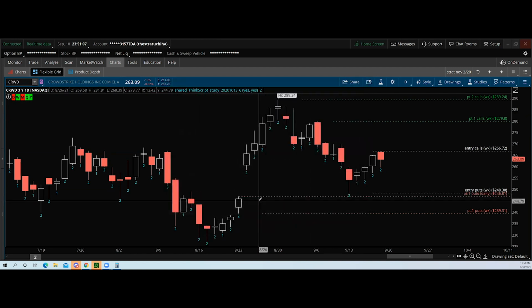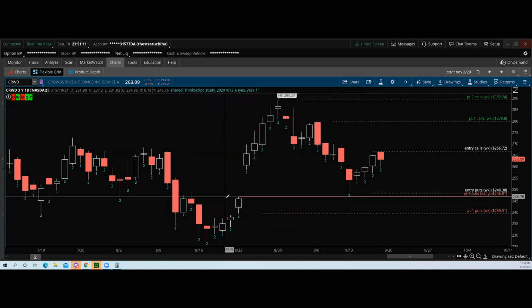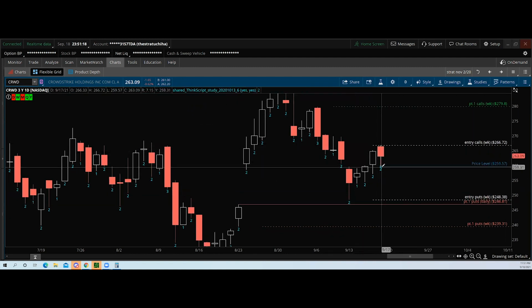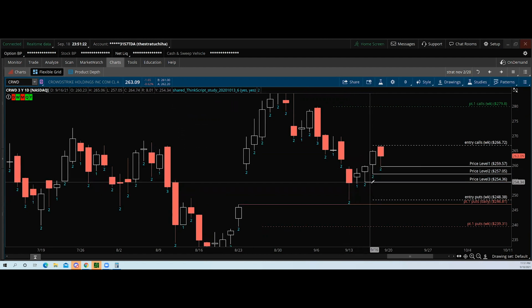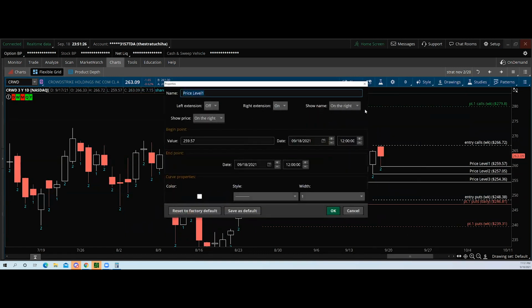All right. Man, oops, I didn't mean to make that a dot. All right. Because it's just still this gap fill, this little baby gap. All right. But we'll see what happens. Then you got entry puts on the daily. And these would be like the first price targets. So entry puts daily.